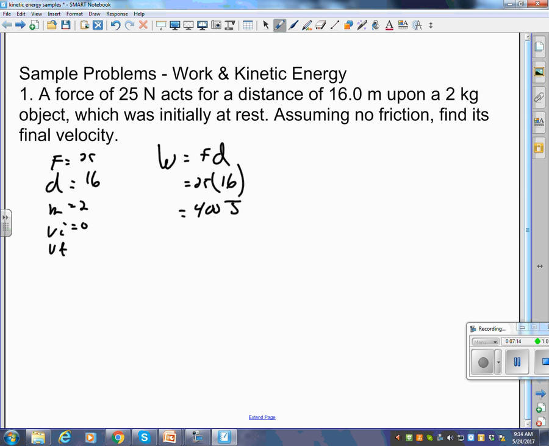Where does all of that work go? It goes into creating kinetic energy, right? So all of that goes into Ek, which is mv squared over 2.